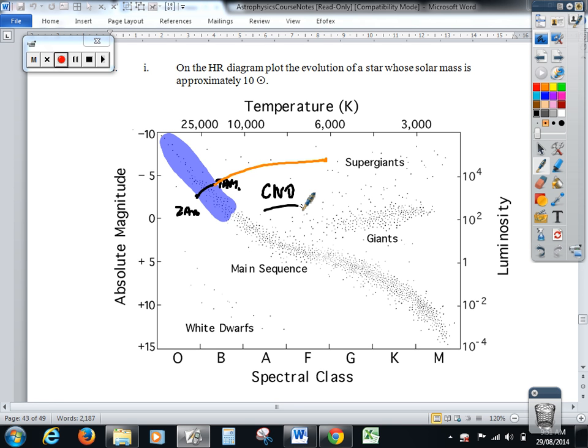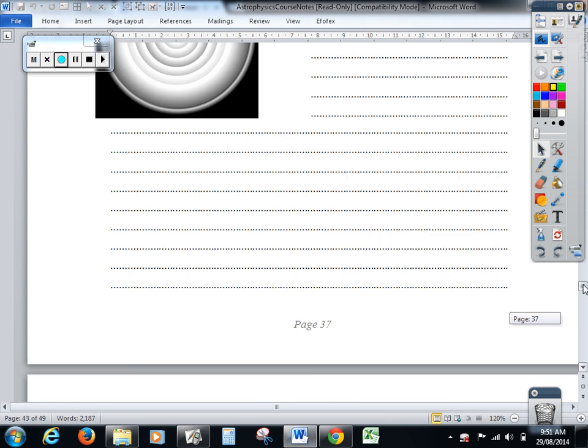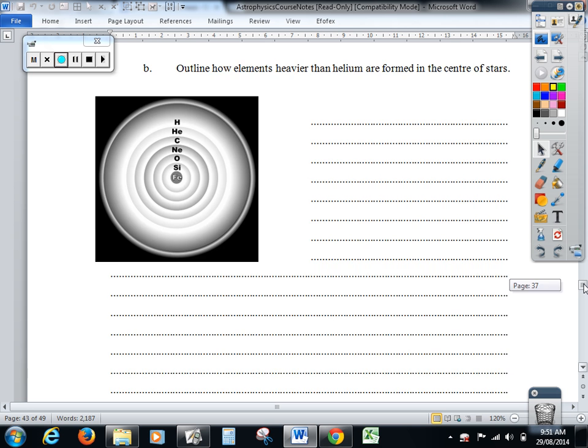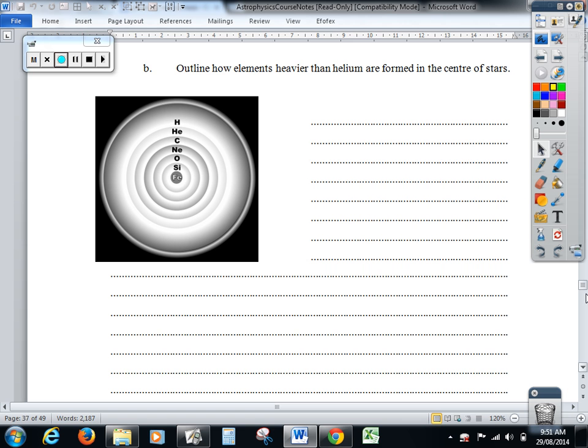The difference between this star and other stars is that inside its core, it starts to form shells. Now this is the core of the star. So the core gets lots of concentric circles going on in it.